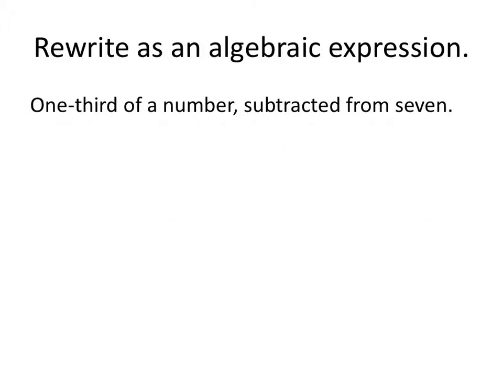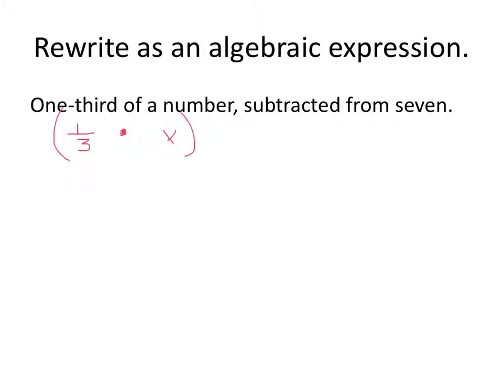Here we're going to rewrite the expression 1/3 of a number subtracted from 7. So we write 1/3. Of means times. So whenever you see the word of, write a multiplication symbol. A number, we write x every time we see a number. That's the part before the comma.